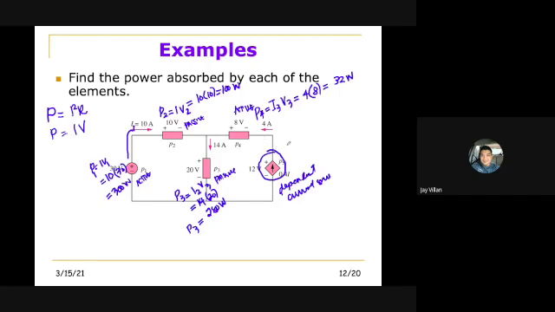Okay, so let's compute for P5, which is equal to I. This is still I3. The current that flows here is the same current that flows in here. So times V5. So this is equal to how much? 12 times 4. Ilan na siya? That is 48 watts.